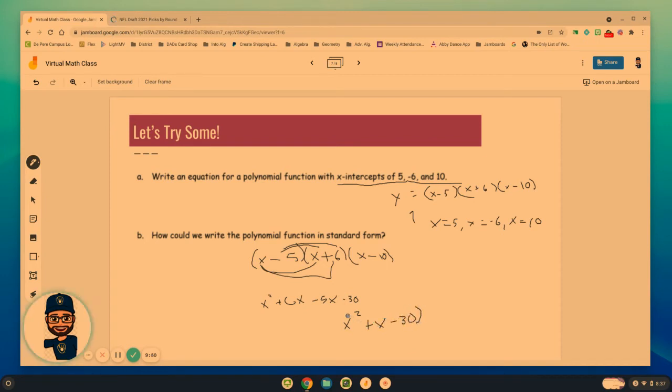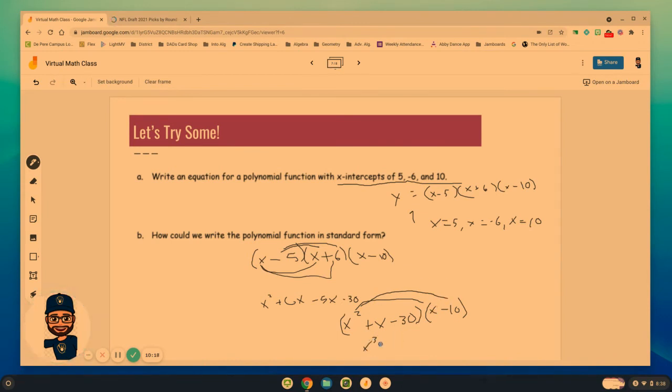Now that's just for the first two. We also still have an x minus 10 as a factor on the end. And so now we're going to multiply again, but I'm going to distribute this x squared to both pieces, the middle term to both pieces, and the negative 30 to both pieces, meaning we're going to multiply 6 times, right? X squared times x is x to the third.